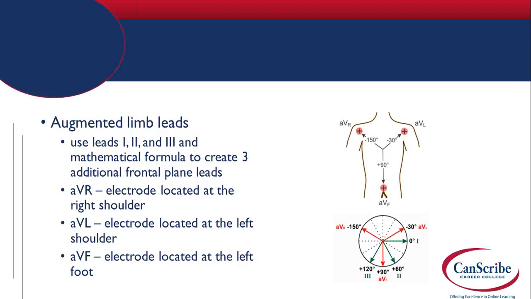And the aVR, it has to do with the electrode located on the right shoulder. The aVL is the electrode located at the left shoulder, and the aVF is the electrode located at the left foot. Be sure to remember to use the lowercase a and then uppercase for V and R, L, and F.